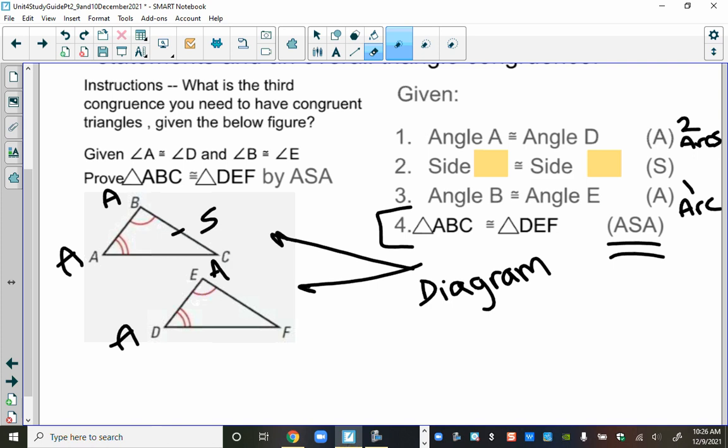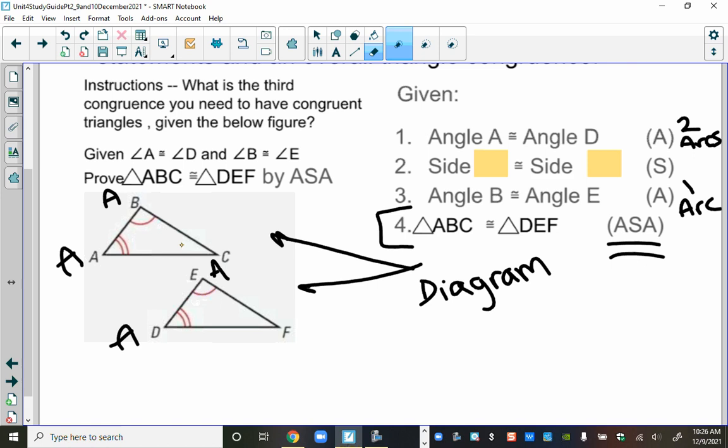So what we need to do is fill out the missing part. They're going to give you two pieces of information. So angles A and D are congruent, B and E are congruent. We want to figure out the third piece of information such that in the end, our two triangles will be congruent by way of angle side angle.